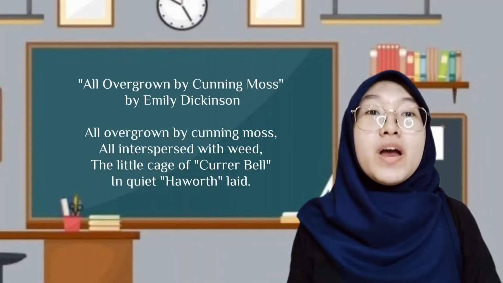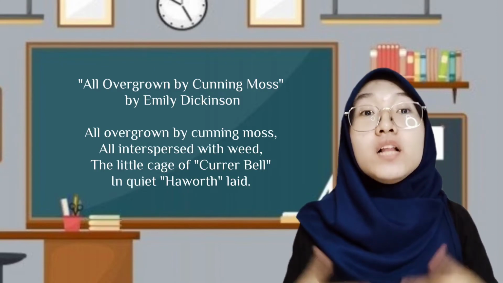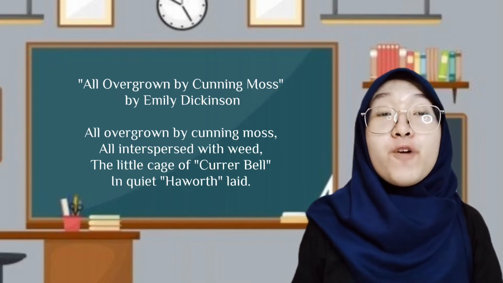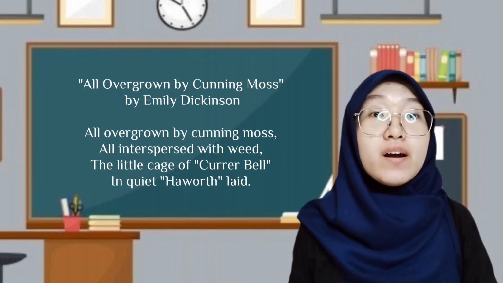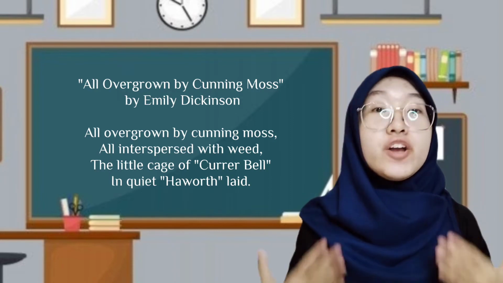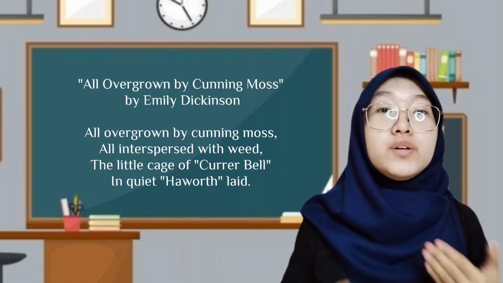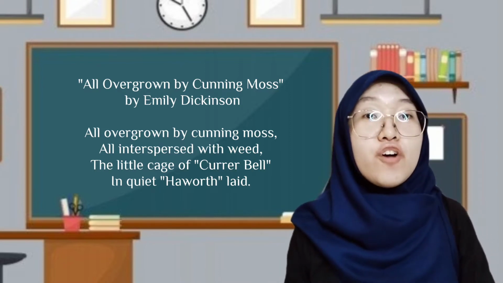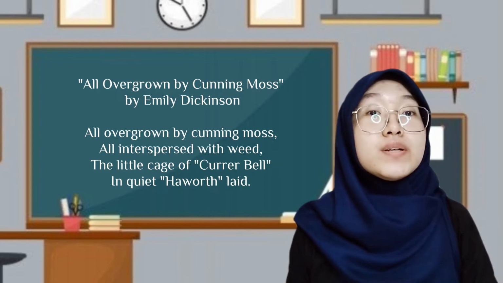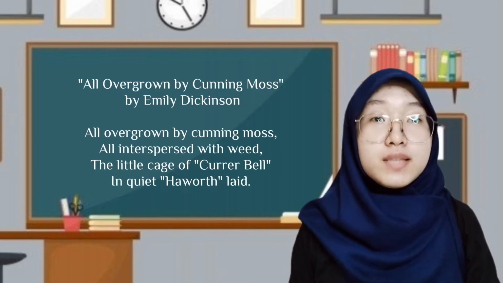In this poem, famed American poet Emily Dickinson alludes to Currer Bell, which was the pen name for English author Charlotte Bronte, who is most famous for her novel Jane Eyre. Dickinson also alludes to the English village of Haworth, where Bronte died and was later buried, or "laid," as the poem states.